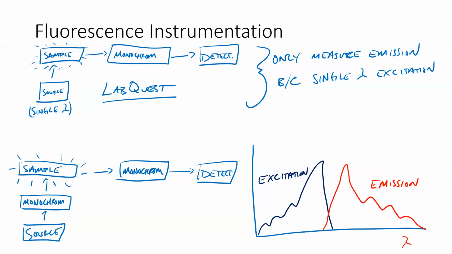Dr. Davis, I have a quick question. Sure. What was the light called that came out of the sample that went in all different directions? The fact that it goes in all different directions, it's described as isotropic. Gotcha.